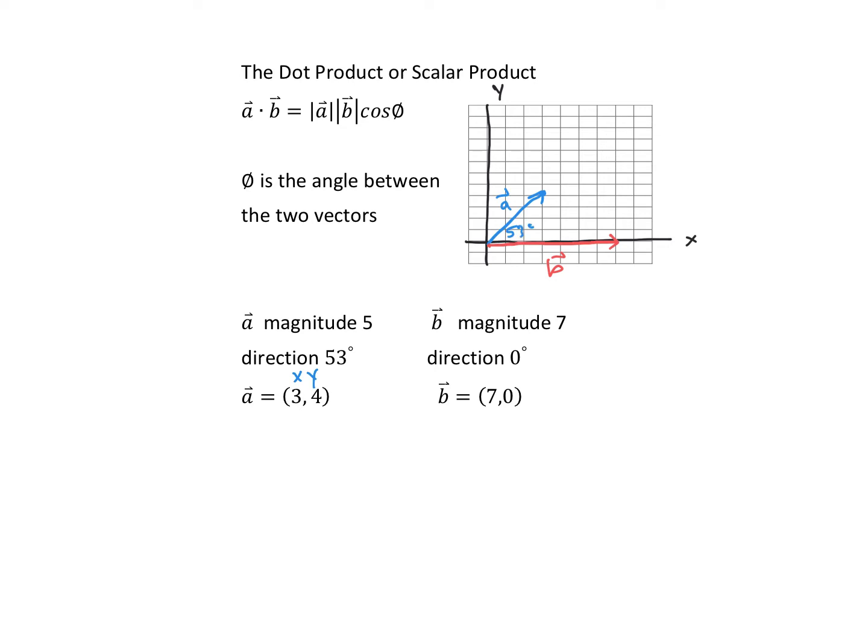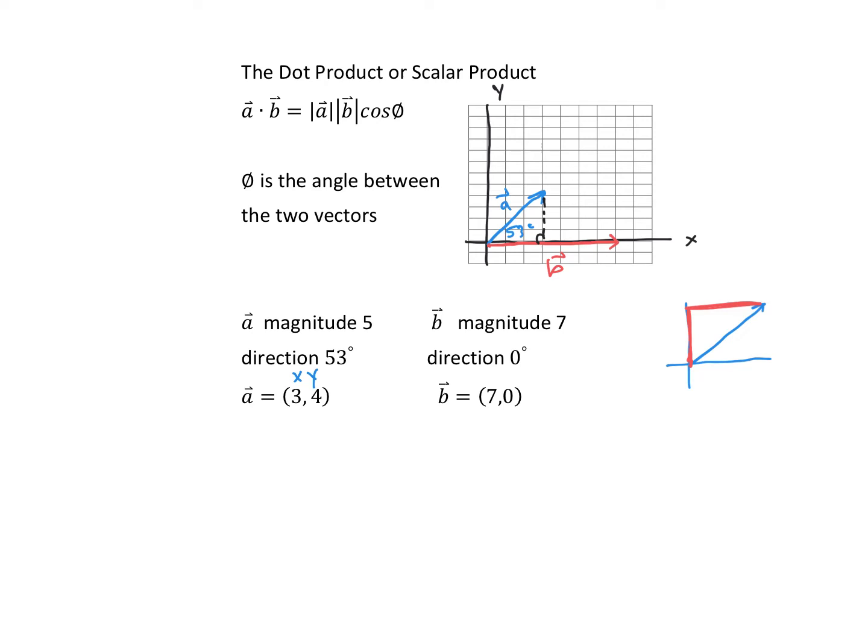The dot product means take the part of A that is parallel to B and multiply it. If you think of vector A, I'll draw it over here, vector A has a vertical component and a horizontal component. We want to take this horizontal component and place it along B and then multiply those two together. If we make a triangle, remember in previous lessons we looked at finding the x and y components.